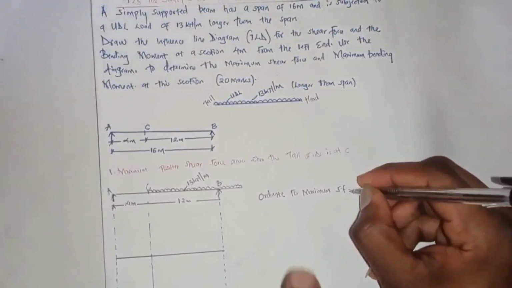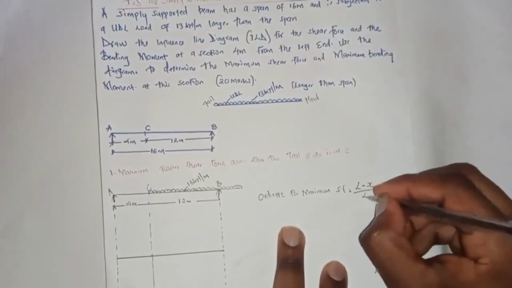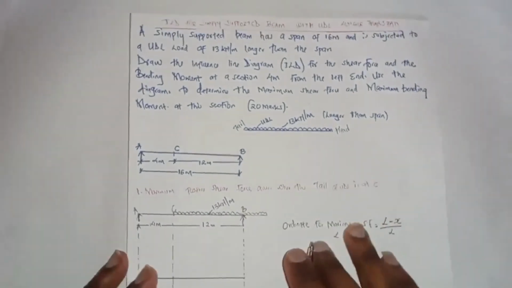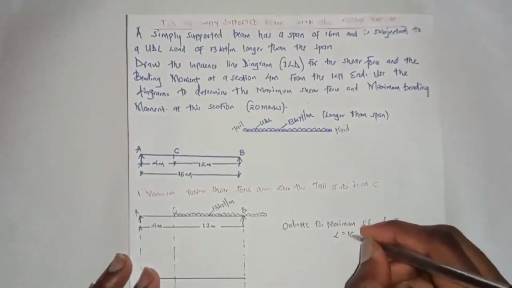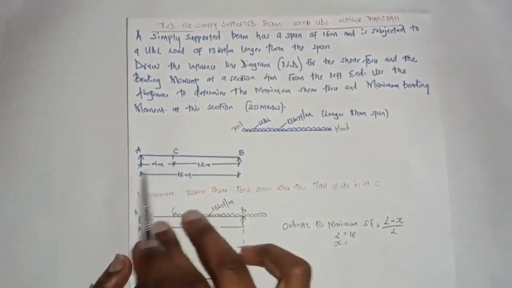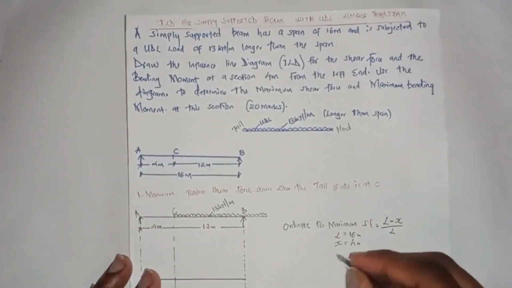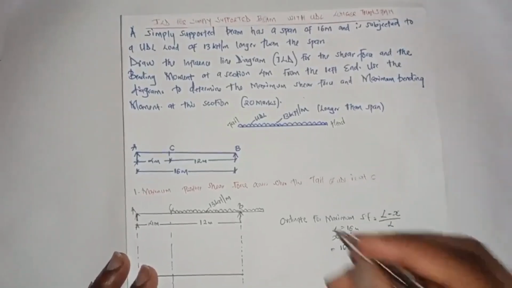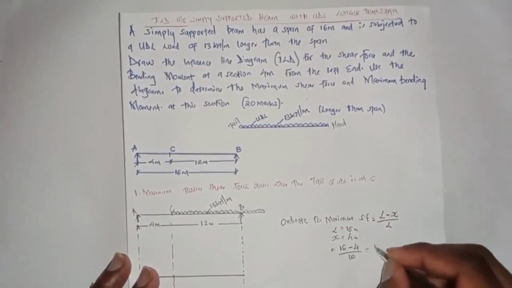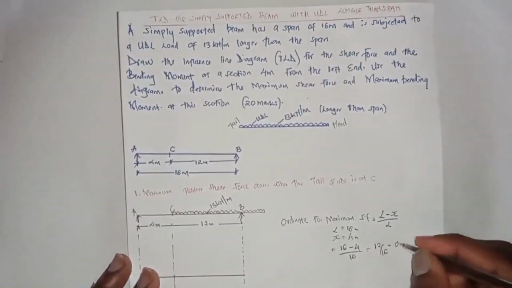To calculate our ordinate, this is the formula: L minus X all over L. L equals 16, and our X is the distance from the left support, which is 4 meters. So it is 16 minus 4 all over 16, which is 12 over 16, and which gives us 0.75.